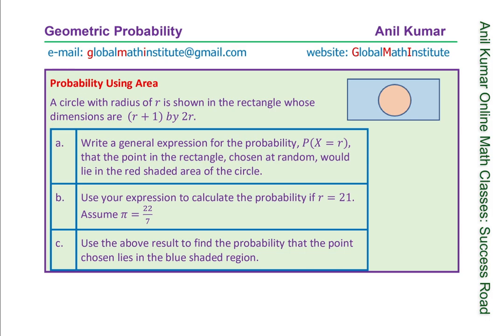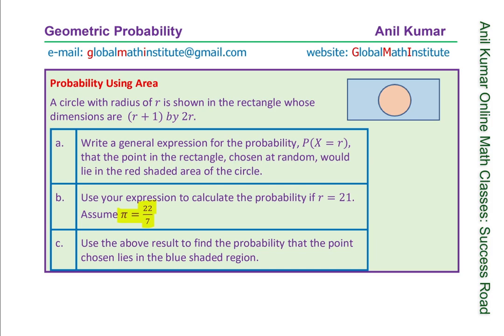Many times when a calculator is not allowed and you are using pi in the calculations, it is a good idea to select the value of pi as 22 by 7. It helps because the other values are related to easier calculations when you consider 22 by 7 as the value of pi.